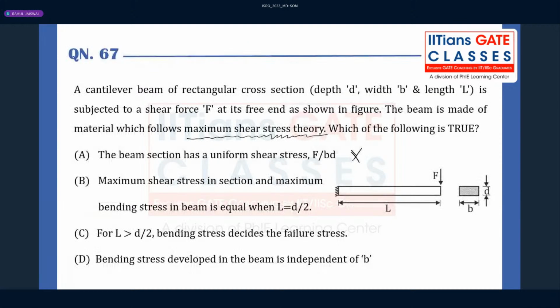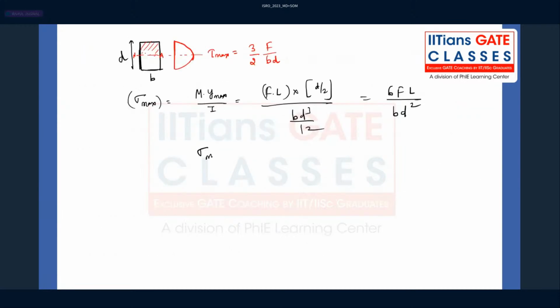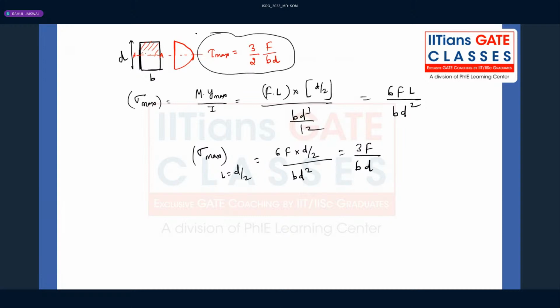In the second option, they are saying at L equal to D by 2, maximum bending stress and maximum shear stress both are equal. Let's see when L is equal to D by 2: the bending stress is 3F divided by BD. Now here you see maximum shear stress is 1.5 times F by BD, so both are not equal.